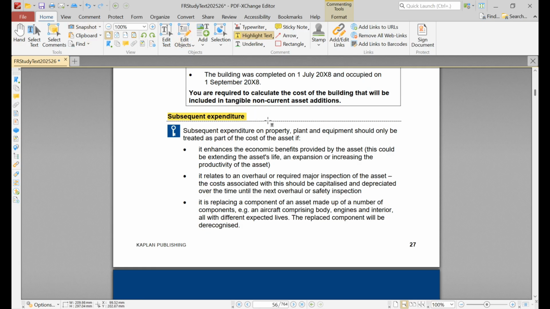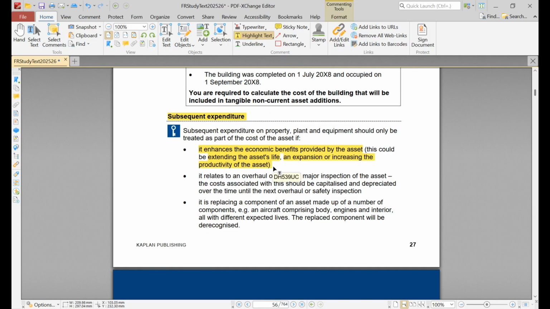Now, let's read it. Subsequent expenditure on property, plant and equipment should only be treated as part of the cost of the asset if it enhances the economic benefits provided by the asset. This could be extending the asset's life, expansion or increasing the productivity of the asset.